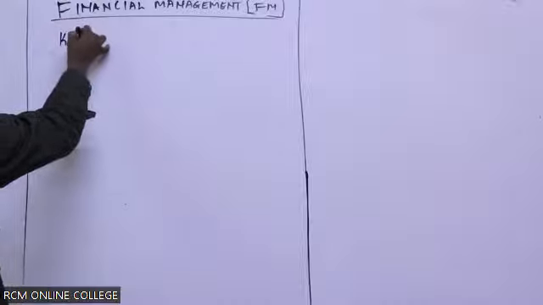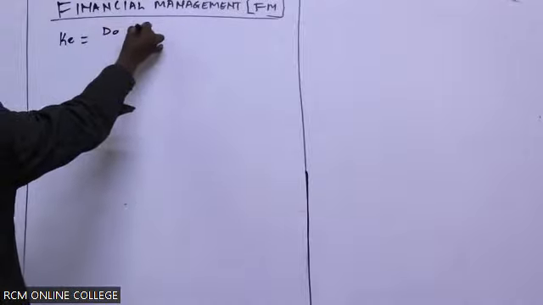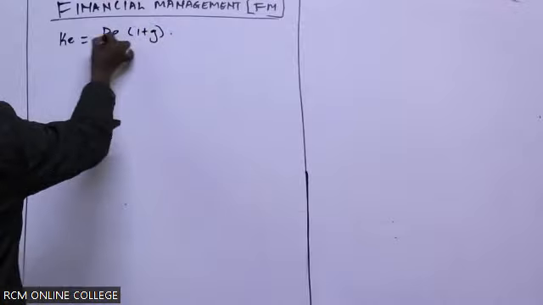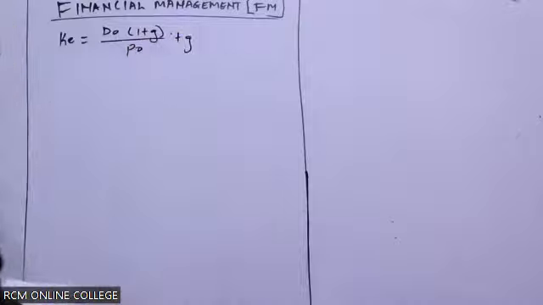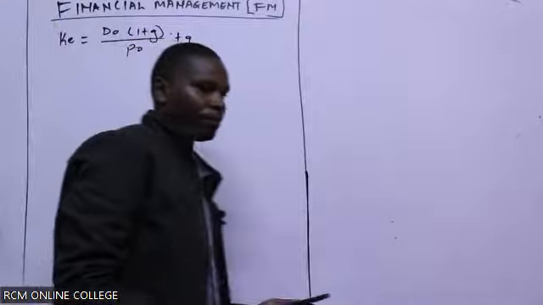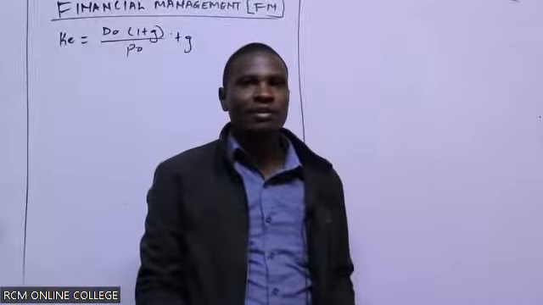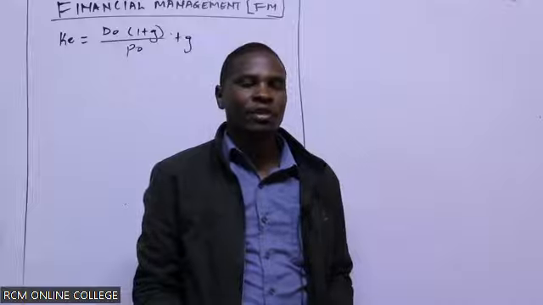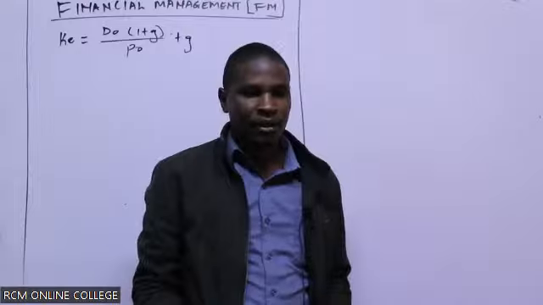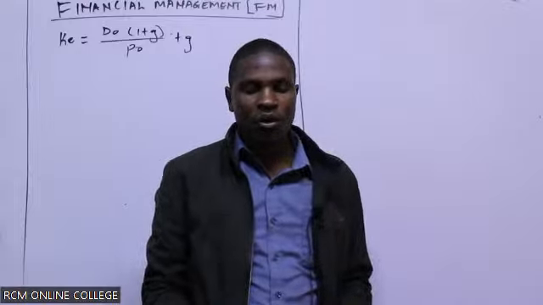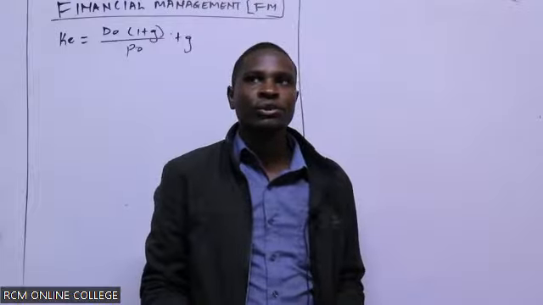Just want to remind you this: D0(1+g) over P0 plus g. You see, that is what we mean: that the cost of existing ordinary shares, in bracket already issued shares.